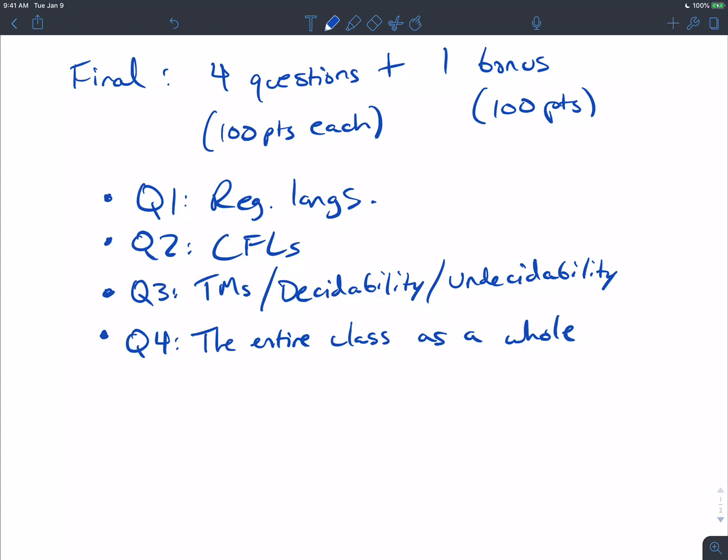So here's one that wasn't going to be on the test, but could be an example of a Q4. Suppose we had two different machines: one that's DFA-based and one that's C++ based. One program is based on a DFA and one on C++, a programming language. What is an advantage of using the C++ one over the DFA one?